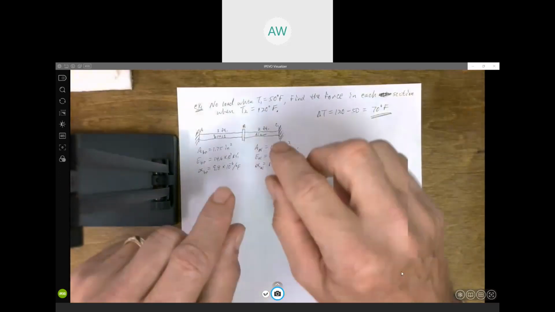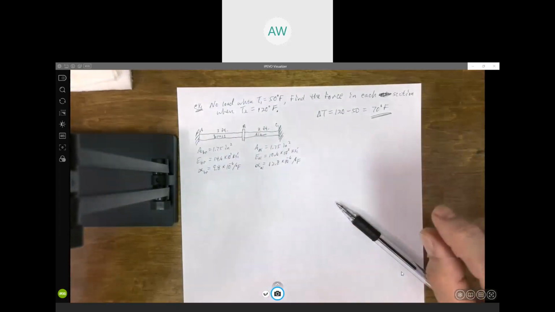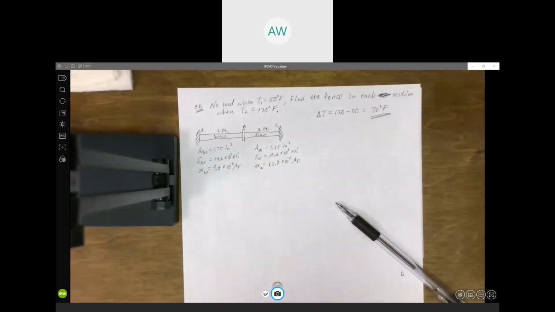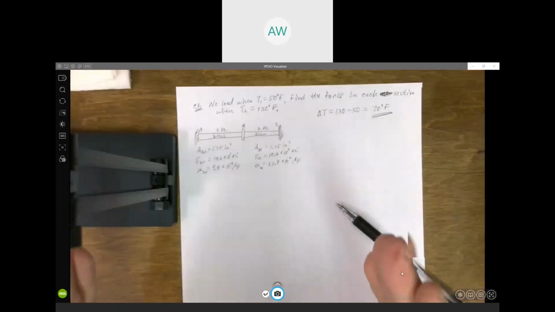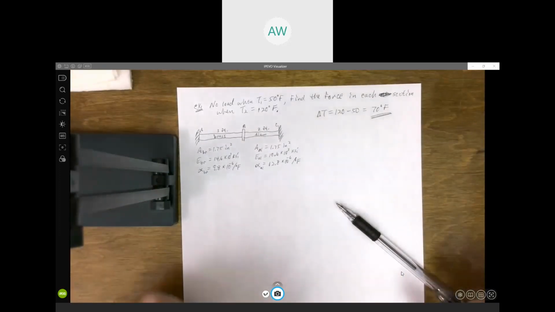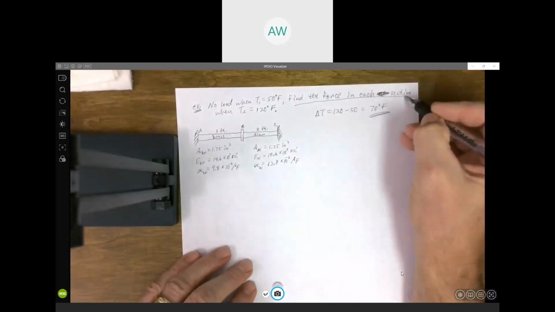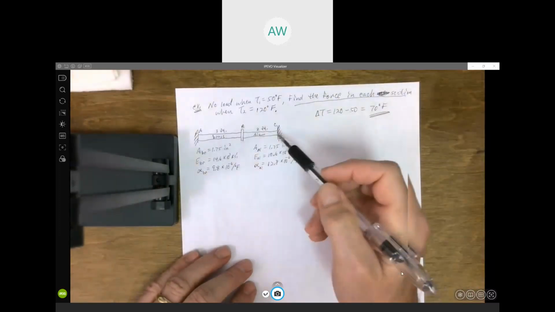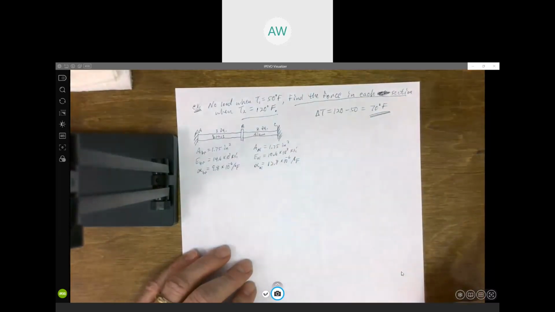This member wants to expand and get longer. Temperature goes up, it wants to expand and get longer, but it can't. It's being constrained between these two rigid supports. But as it tries to expand, those supports push it back in, generating this force. That's what we're trying to find. We're trying to find the force in the brass section and the aluminum section at that temperature.